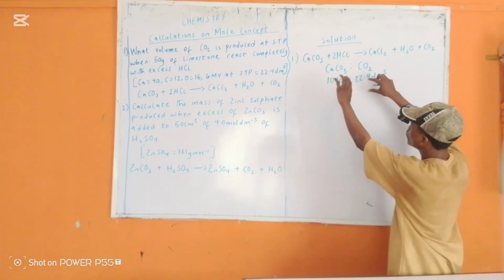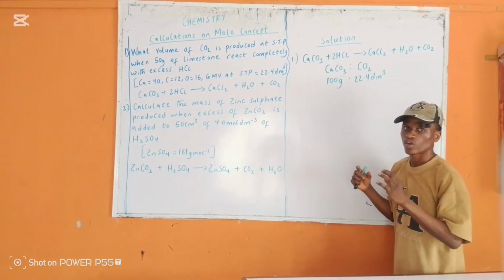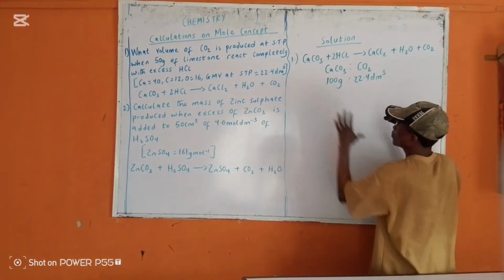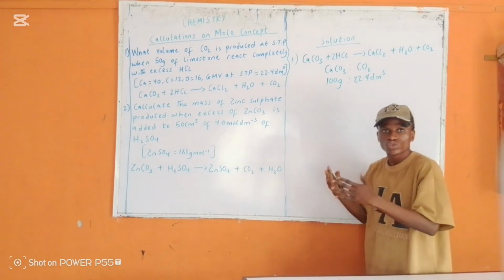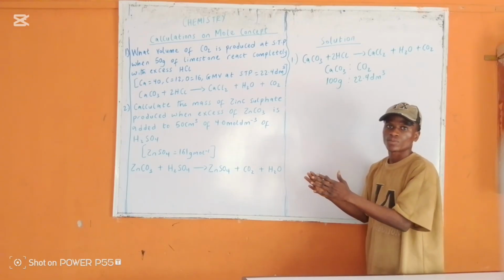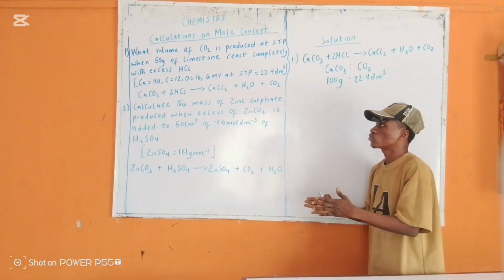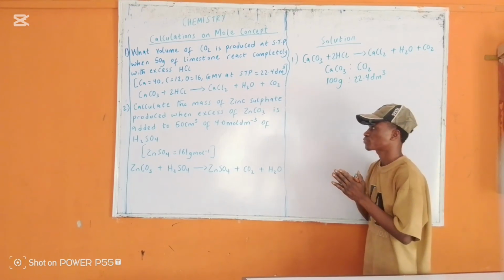So now, since we have gotten what we'll make use of from the equation, let's now apply the question. Let's now solve for what they're asking from us in the question.